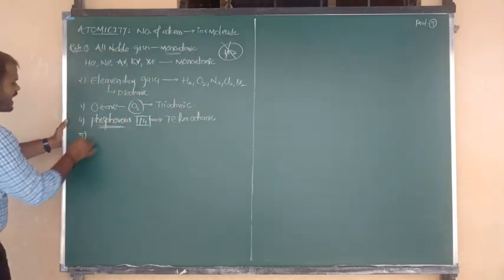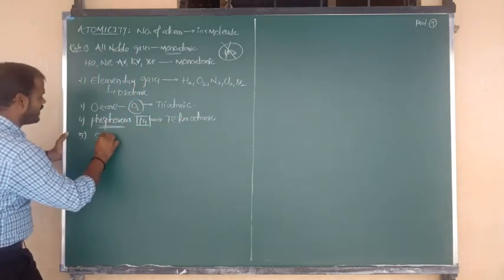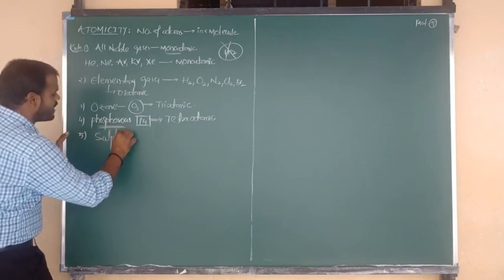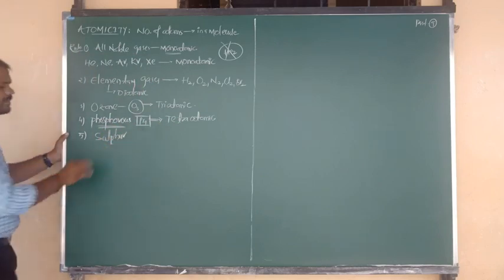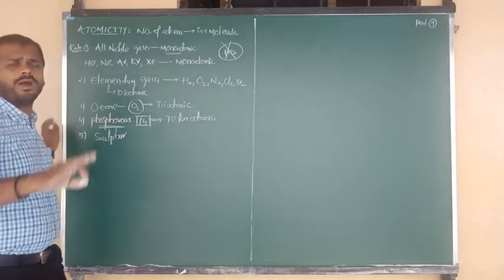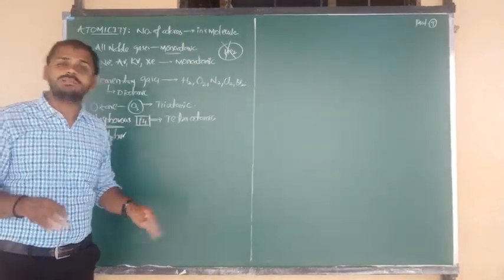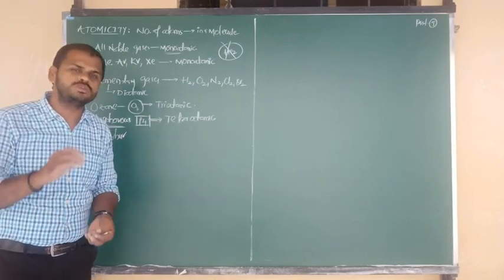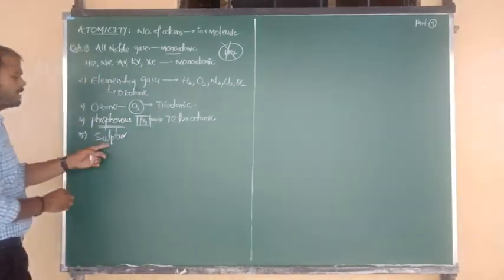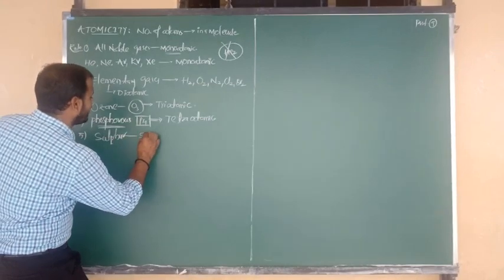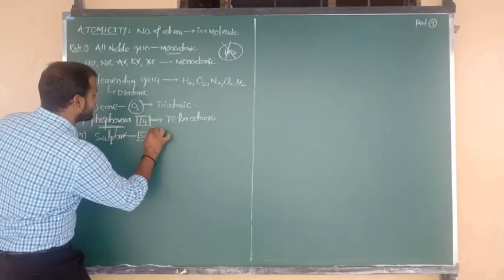And another one I want to say is sulfur. Whatever the allotropic form may be, maybe rhombic sulfur, monoclinic sulfur, alpha sulfur, beta sulfur, anything. Mostly sulfur exists in the form of S8.